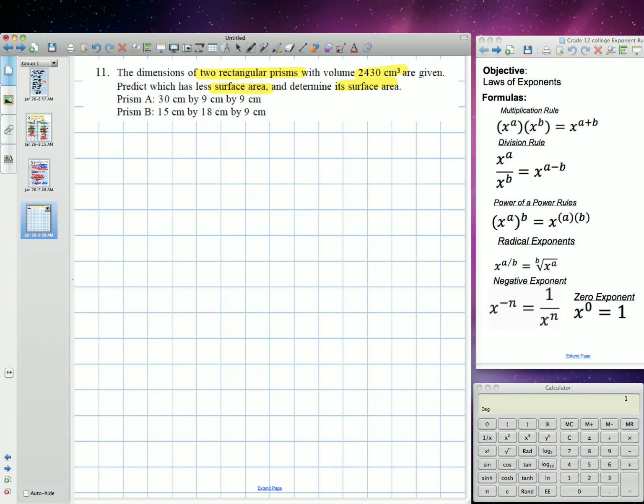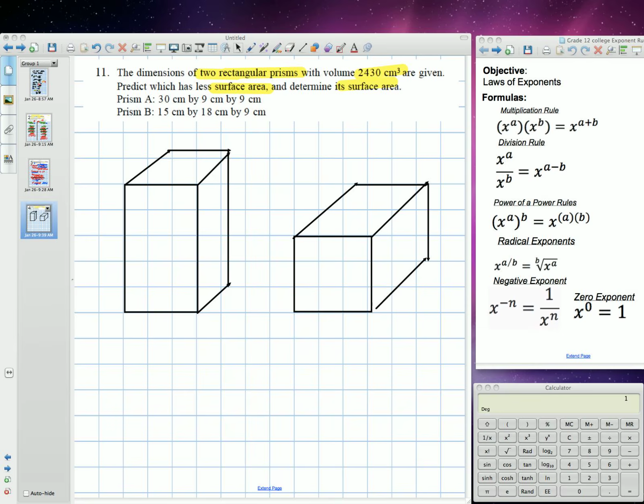One of the lengths is 30 centimeters. We'll call that the tallest one here. The other 2 lengths are 9 centimeters and again 9 centimeters. Okay? If that looks confusing to you, we'll move this measurement over here. That's what we're referring to. And the other prism, prism B, actually we'll do it in a different color, just so we don't get confused.